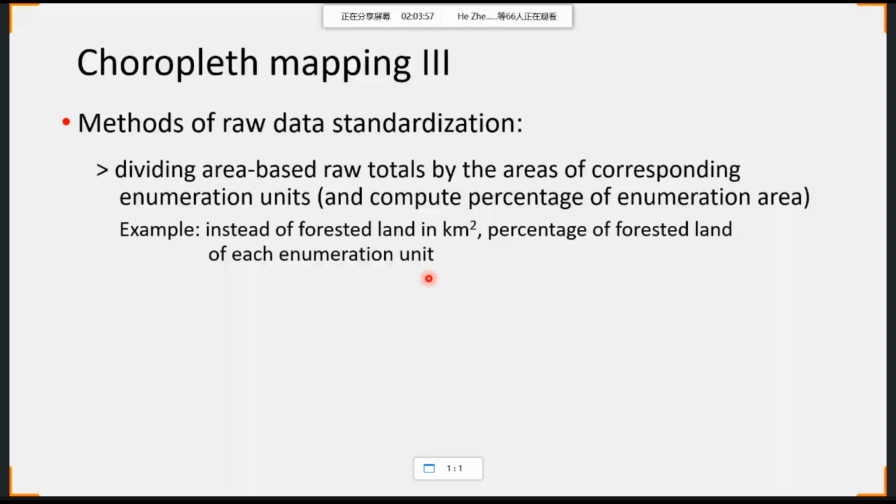So this makes it comparable. Then you don't compare different absolute numbers, which of course are different for areas that vary greatly in size. This example is not about population, it is about area.